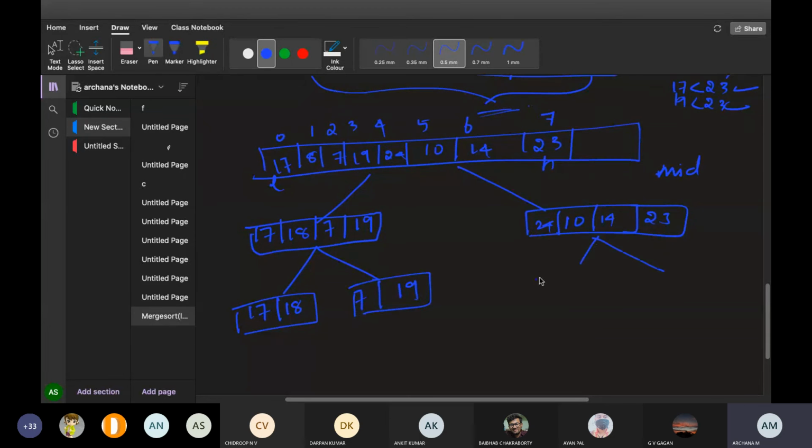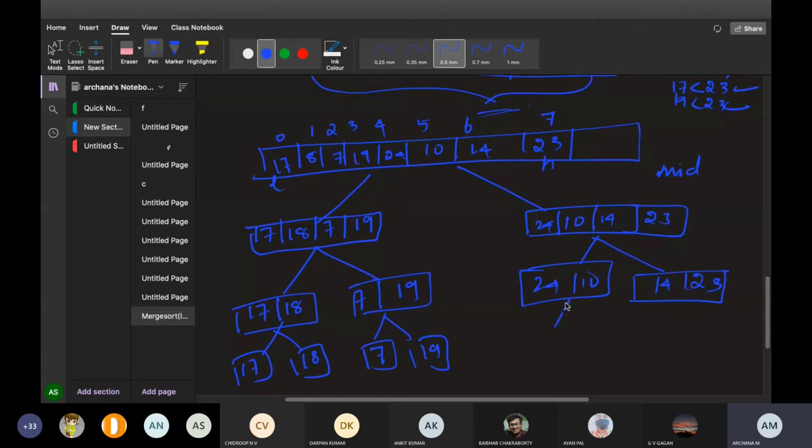Again, divide this into two halves. For writing purposes, this is enough from your examination point of view. Again, divide this into two halves, 17, 18, 7, 19. Again, this 24, 10. If you write like this, it is enough in the exam. 23. Okay, like this, you just write in the exam. That is enough for you.